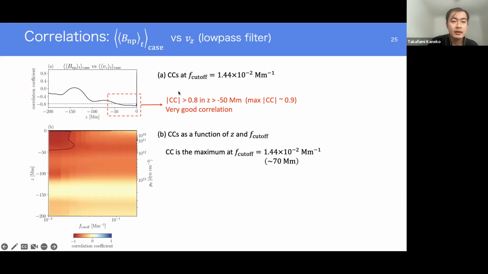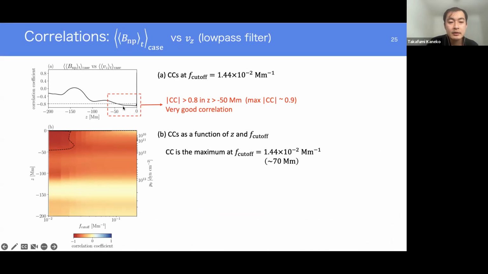And this is the result of the correlation between non-potential field versus downflow. The upper panel shows the correlation coefficient as a function of depth, and the cutoff frequency of the low-pass filter is square root of 2.